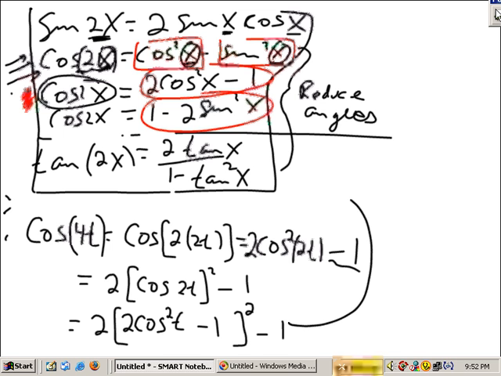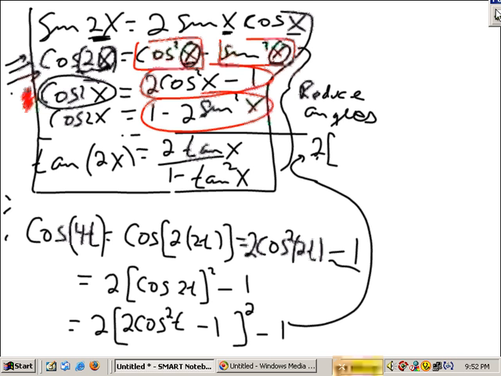So, coming up here, please, this is 2 times, when you square that, you will get 4 cosine to the 4th t minus 4. I'm going to need a little bit more space in order to write it.